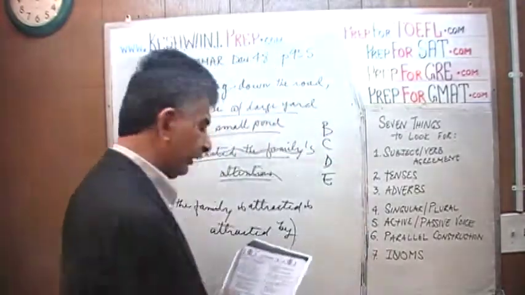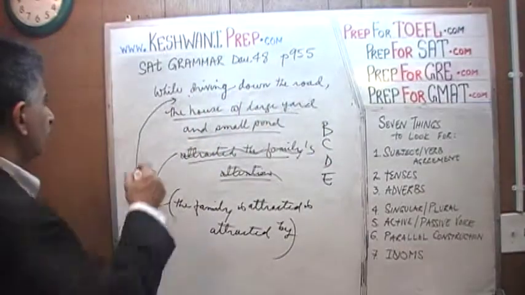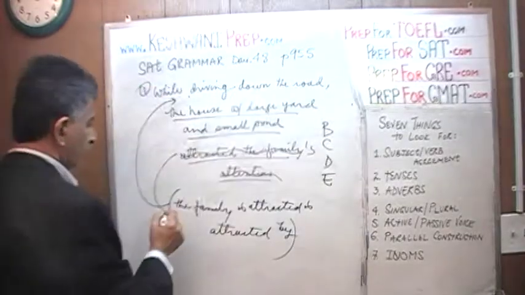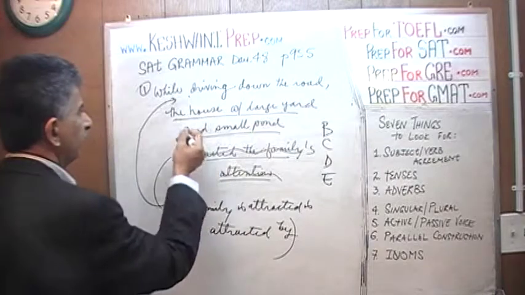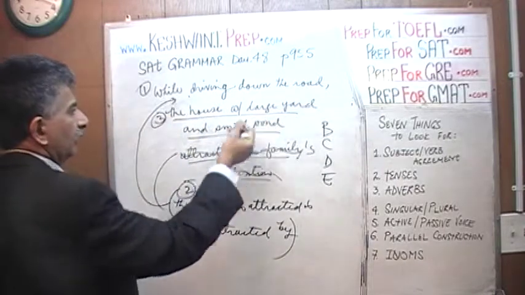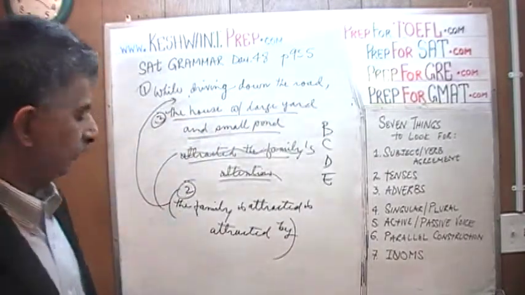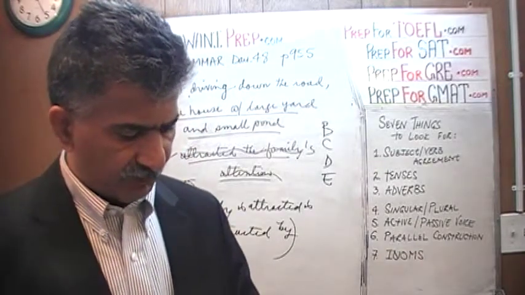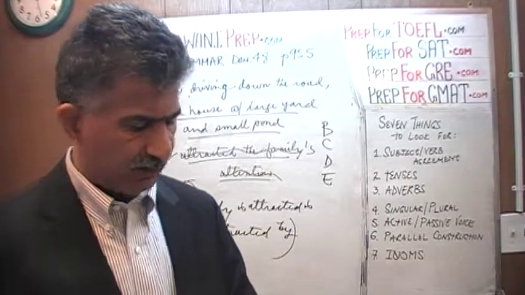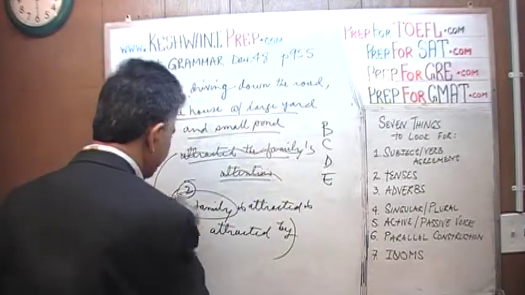The way we fixed it, it reads: while driving down the road, the family is attracted by the house with the large yard and a small pond. Let's see which one comes closest to it. B says the house having the large yard. No, we don't want the house, we want the family in the beginning.